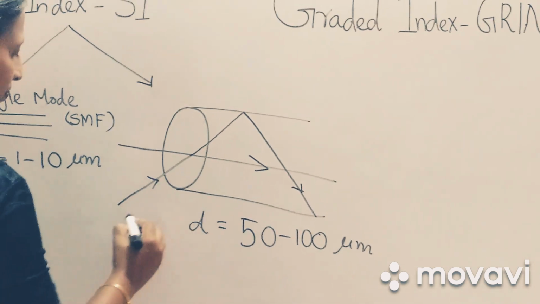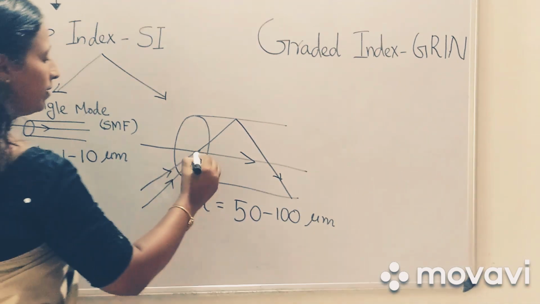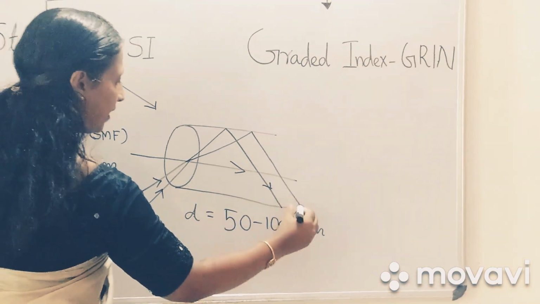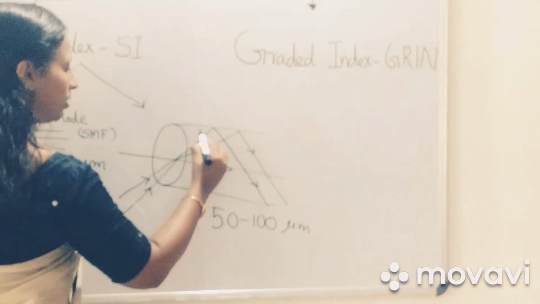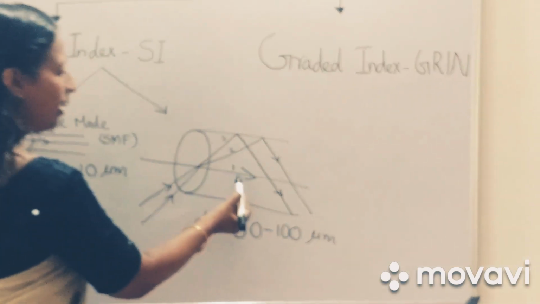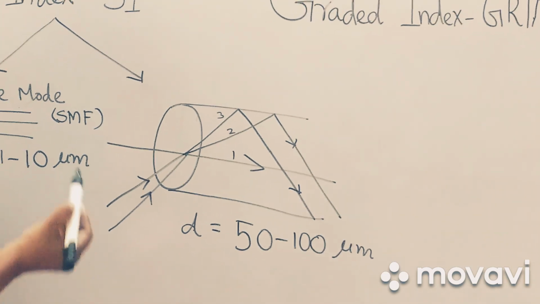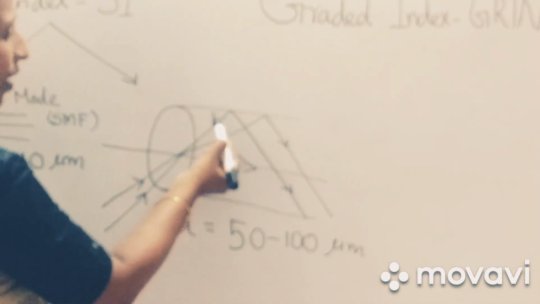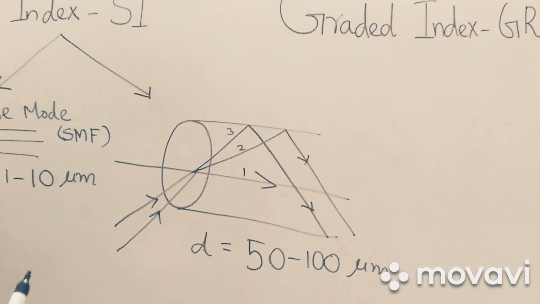We can consider one more light ray entering like this. The path of this ray is again different. Let these rays be 1, 2, 3. Ray number 1, which is passing through the center of the fiber, is termed the axial ray. Rays 2 and 3 are called peripheral rays or marginal rays.